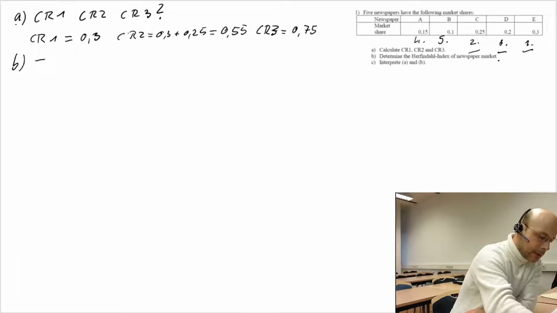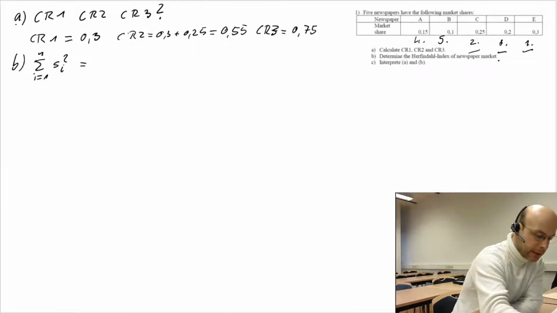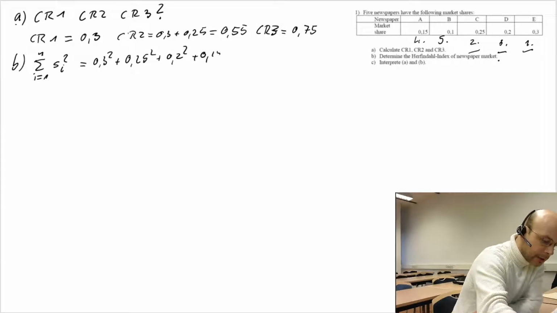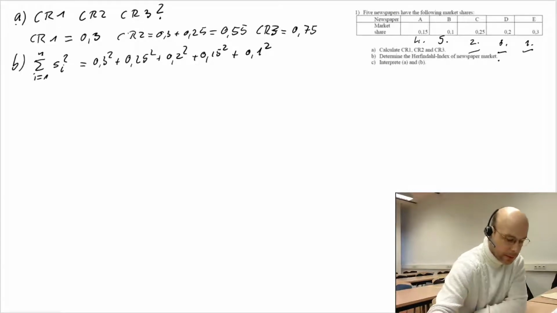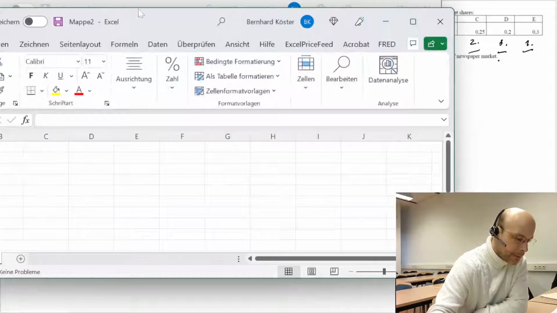So sum over i from 1 to n over the market shares squared. So we obtain 0.3 squared plus 0.25 squared plus 0.2 squared plus 0.15 squared plus 0.1 squared. Since I'm not able to do this just with my head, I of course ask Excel to do this for me.